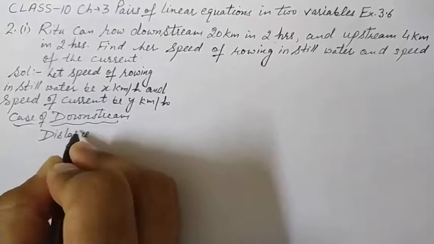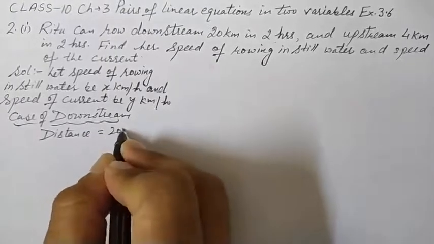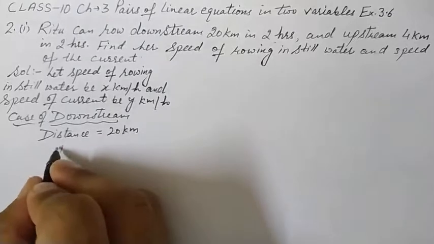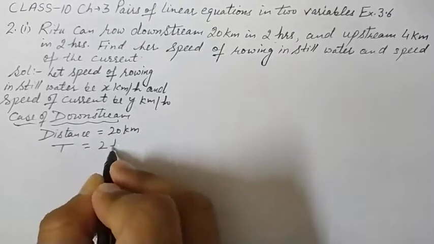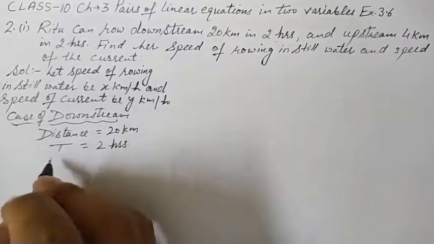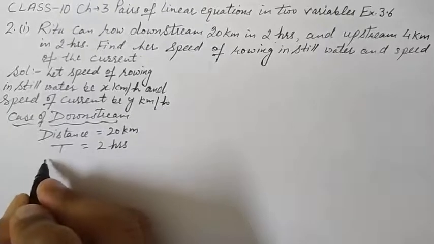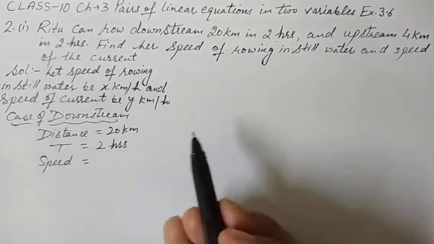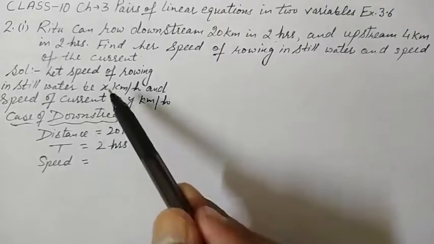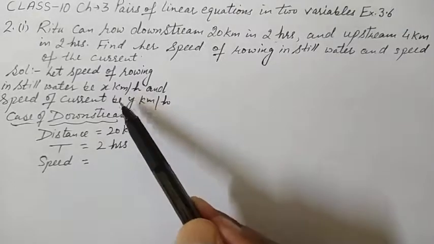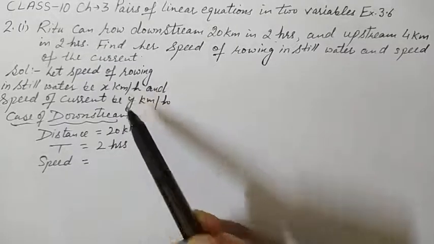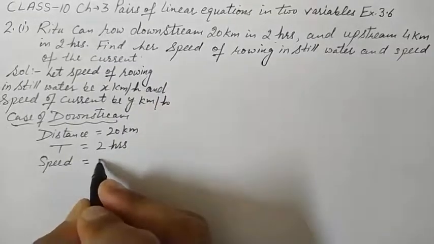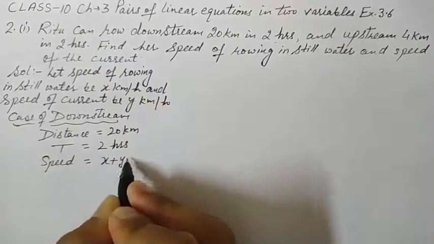Distance here is 20 kilometers. Time taken is 2 hours. So the net speed in downstream, as I told you in the beginning, is that the speed of the water gets added to the speed of the boat. So the net speed will be x plus y kilometer per hour.